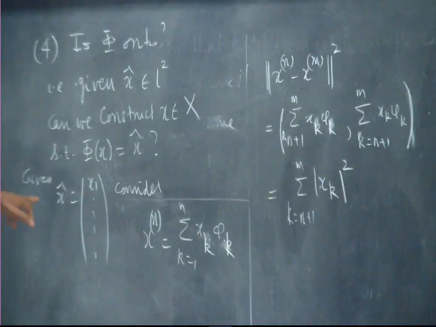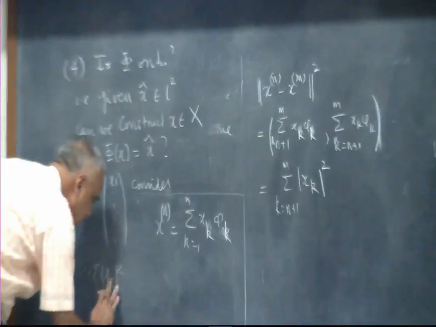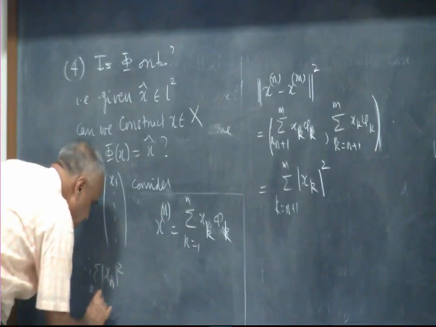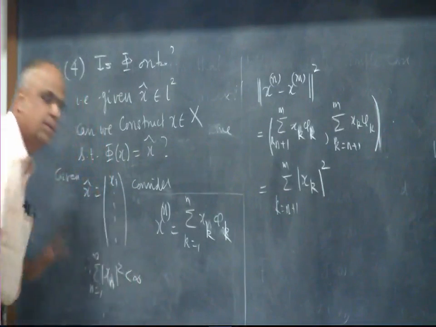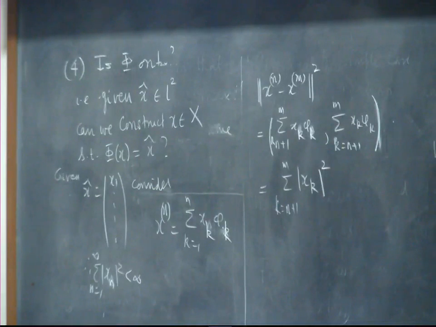Now, remember, this is in L2. If this is in L2, the summation of mod x_k squared is finite. If this is finite, what can we say about the tail of that series?